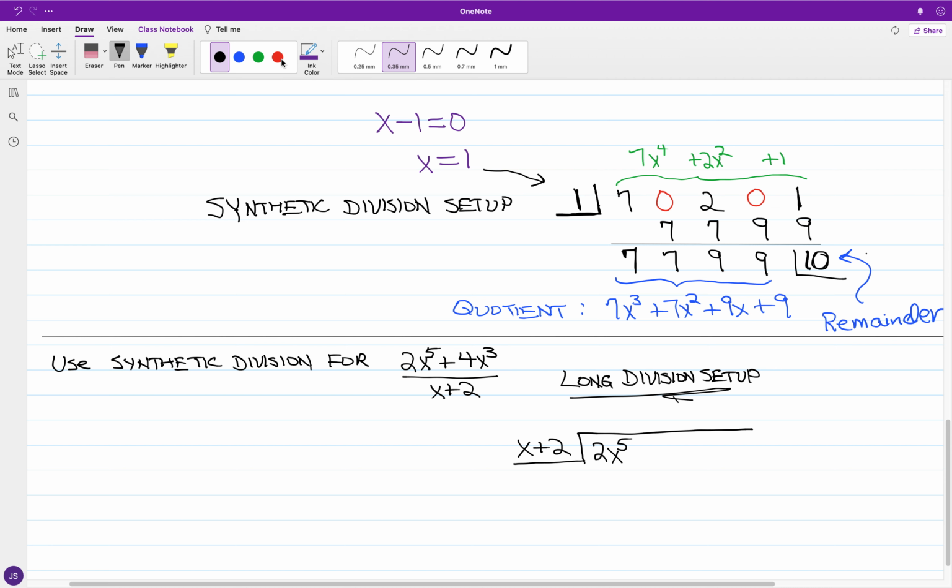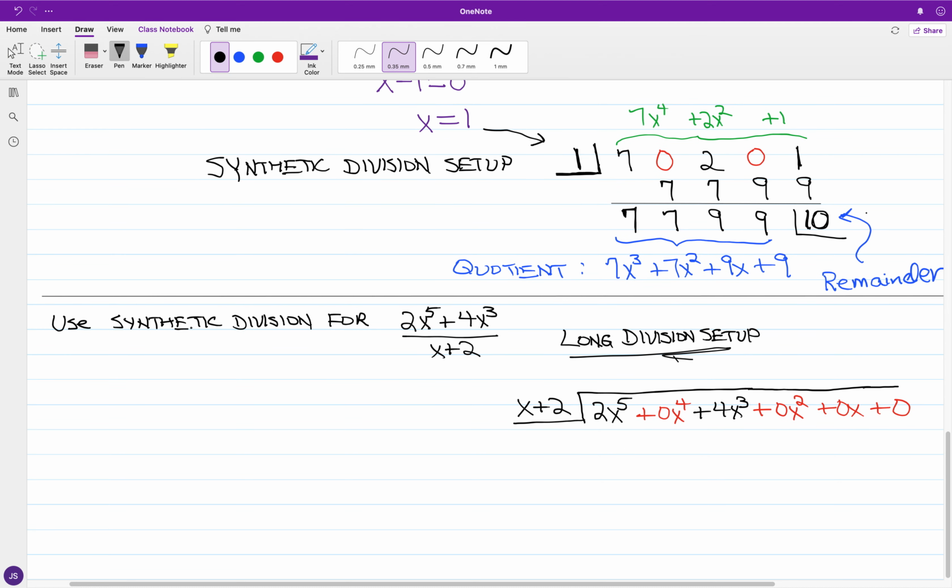Notice we do not have an x to the 4th term, so we use 0 x to the 4th, and we have 4x cubed. We want to get the polynomial dividend down to a constant, so we need placeholders: one for the missing x squared, one for the missing first order x term, and we close it out with a constant, 0. So this is your long division setup.